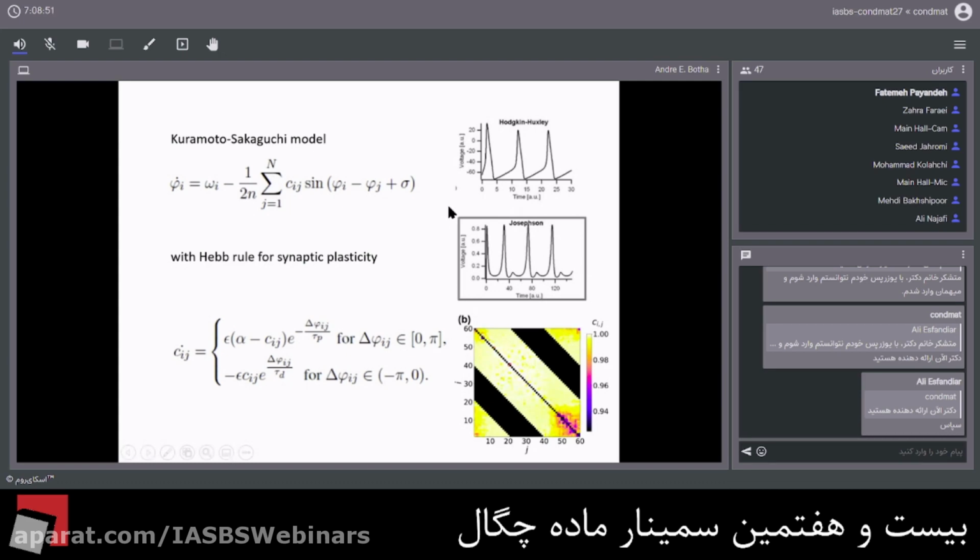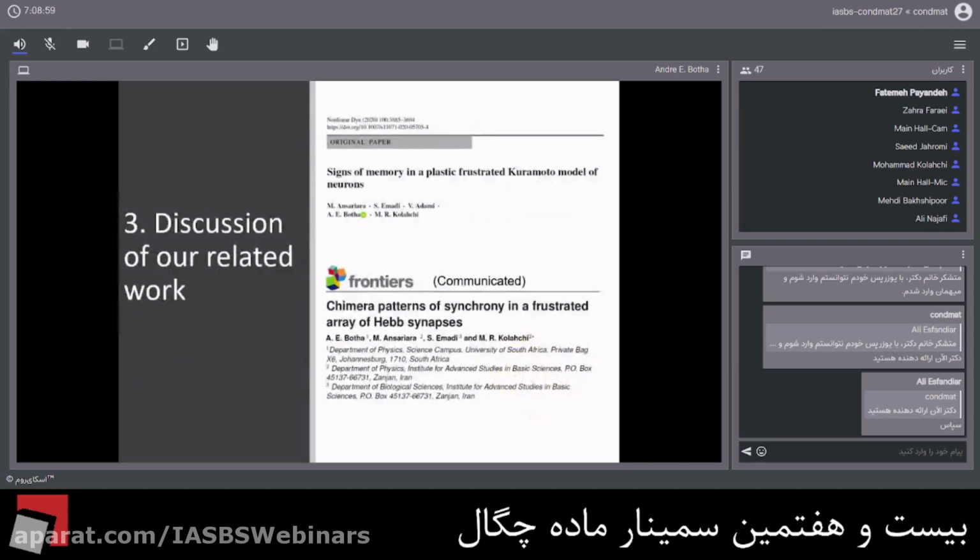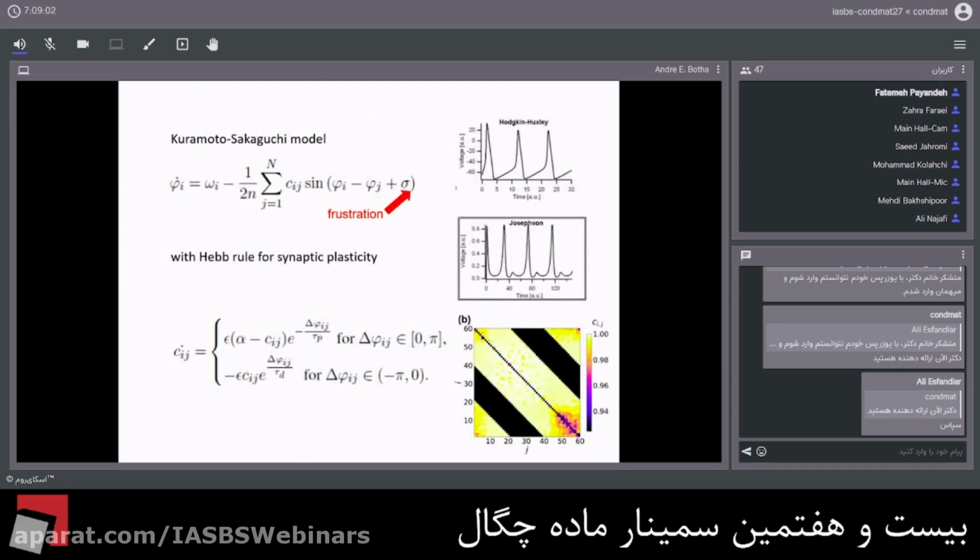And in our work, the model as it stands here already existed. But what we did is we also investigated the effect of adding this frustration parameter in the system. Now, the idea of frustration comes from a magnetic system originally, where you might have a system where there's both ferromagnetic and antiferromagnetic coupling present, and the one tends to align spins, the other one tends to make them point in the opposite direction.